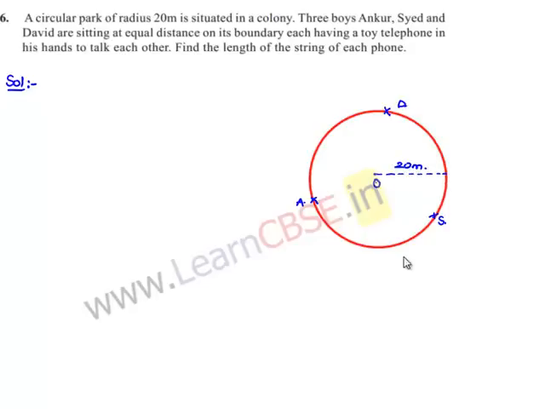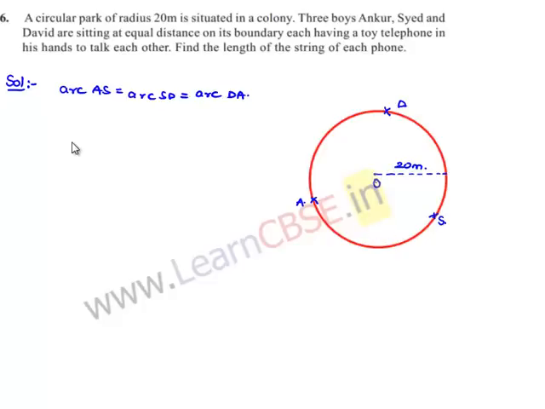We know that as they are standing at equal distance on the boundary, we can say that arc AS is equal to arc SD is equal to arc DA. Since they are standing at equal distance and the string is attached between the telephones, that will be of equal arc length.